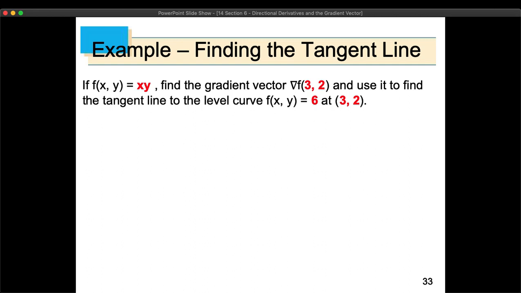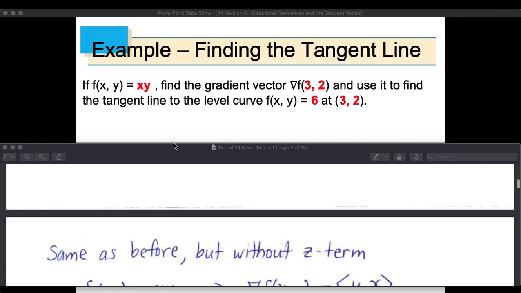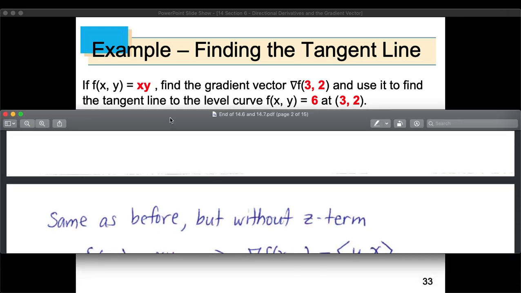In fact, we can discount the z term. Remember, when you find the gradient, you must only consider the independent variables when you take partial derivatives. So in this particular case, what we do can be the same as before, only we're not going to have the z term.